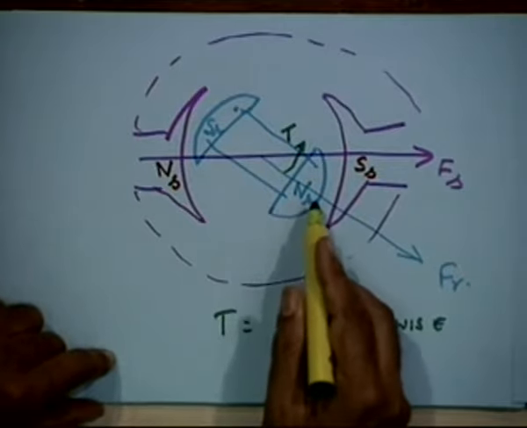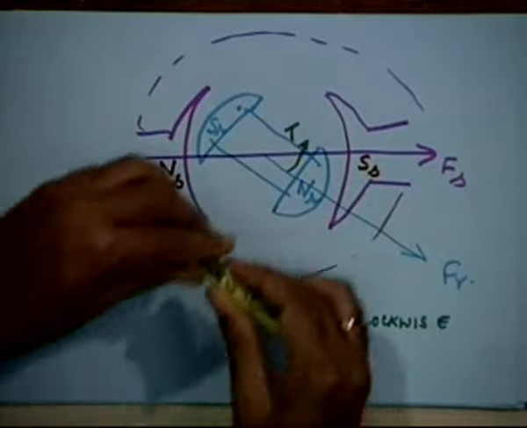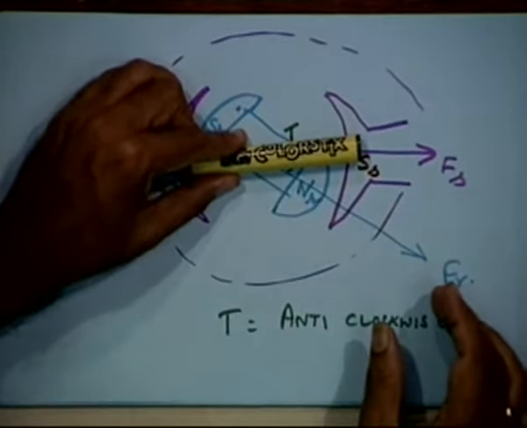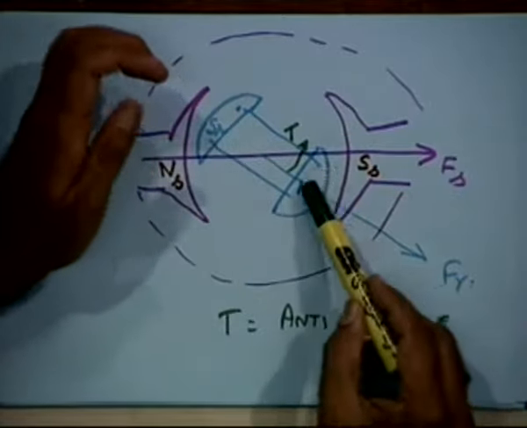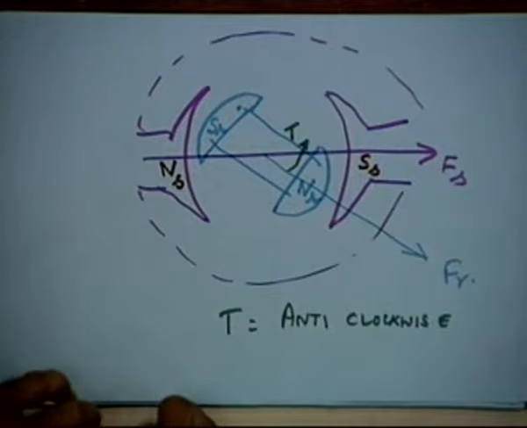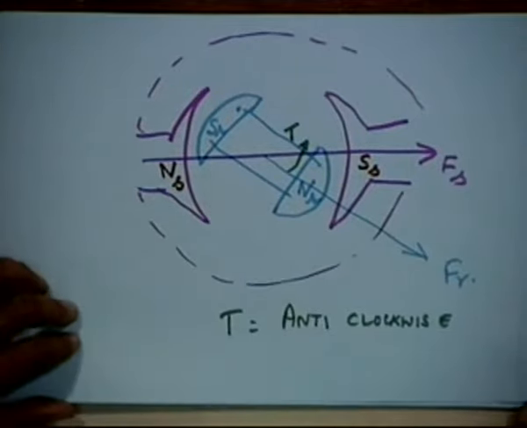So the stator and rotor form unlike poles, so the tendency of the rotor should be to align with the stator. Under this condition the angle delta SR will get reduced by the influence of the torque, which is acting counterclockwise.